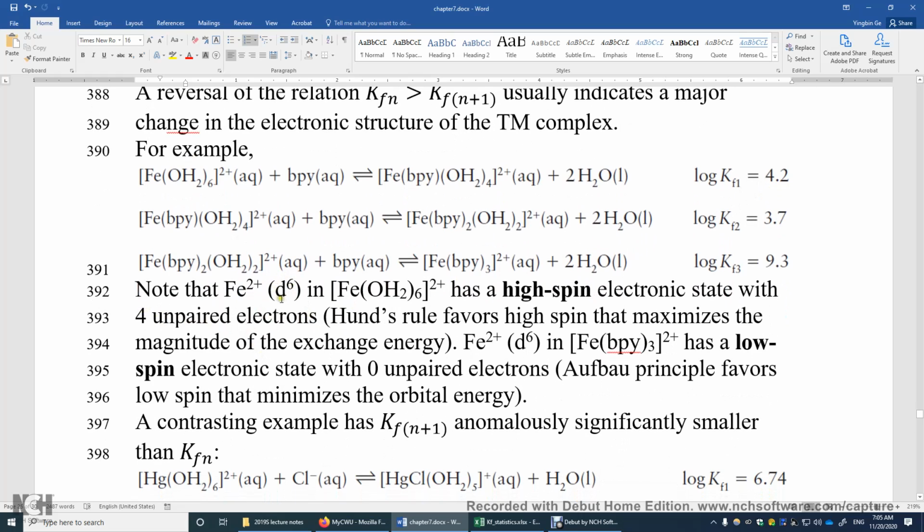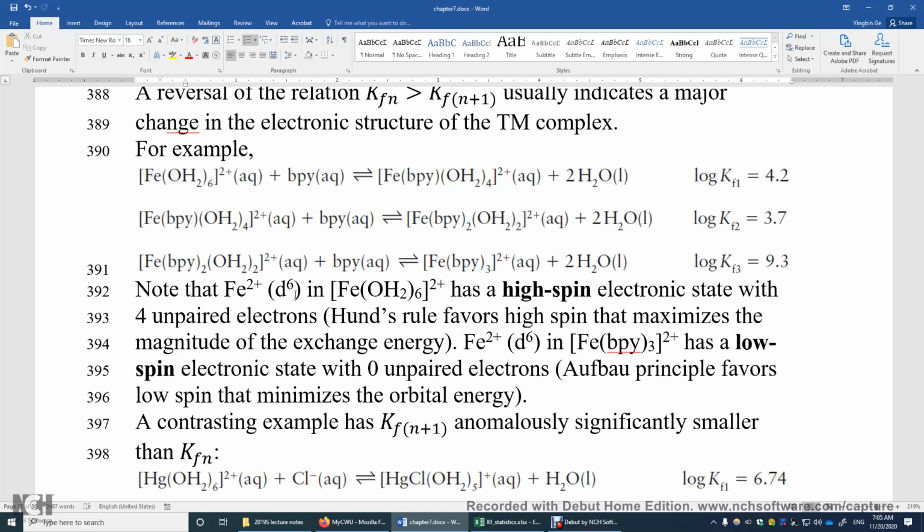So remember, when you put 6 electrons in the 5 different d orbitals, the high spin state means we maximize the number of alpha electrons, right? Well, you can also choose to maximize beta electrons. They are kind of equivalent to each other. But just for convenience, let's try to maximize the number of alpha electrons.